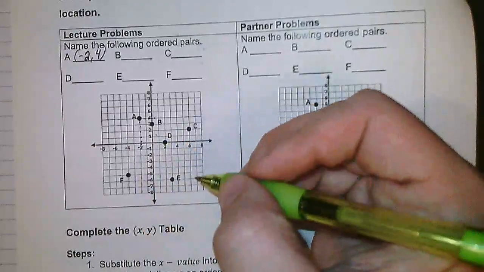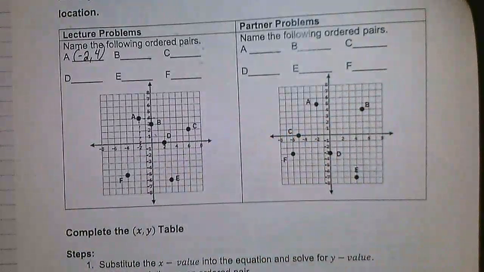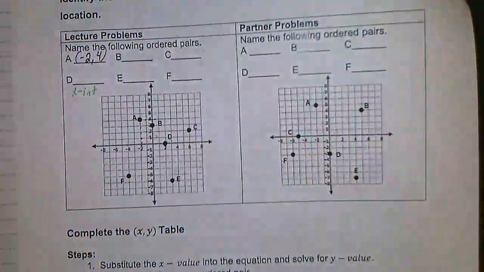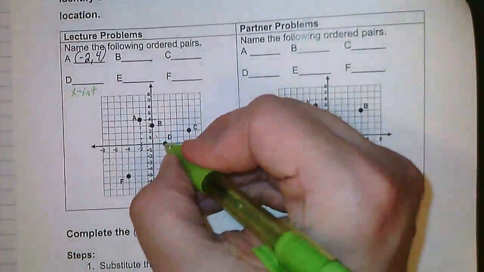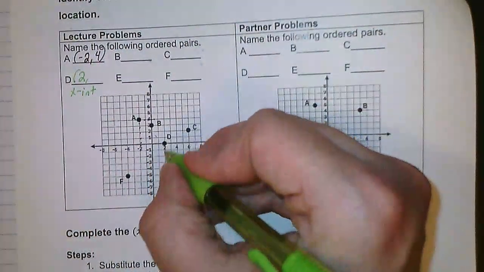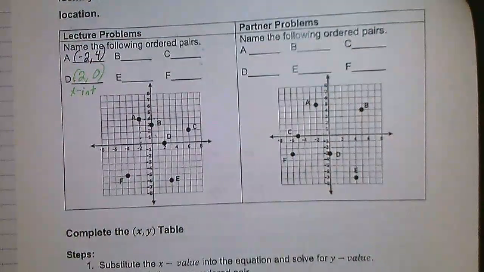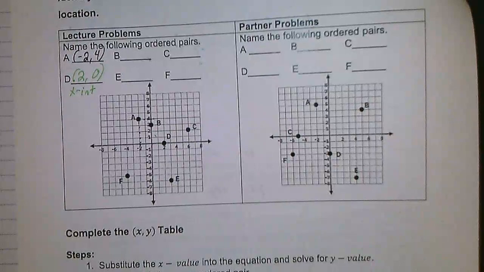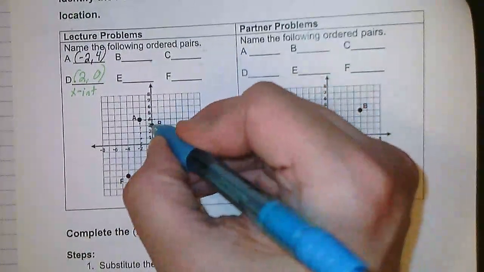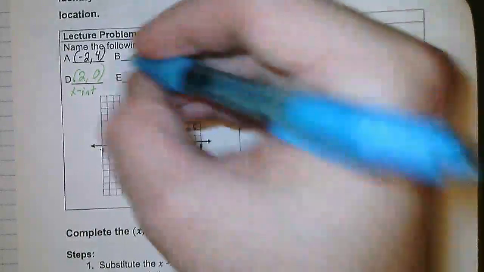And so then we'll just do the intercepts here. Point D is on the x-axis. If we are on the x-axis, then that is the x-intercept. And so that means we have a value of 2 for the x, and we did not move up or down, so that's a 0 for the y. If I'm on the x-axis, my y value is 0. And then we have this point right here, point B. Point B is on the y-axis, the vertical axis.